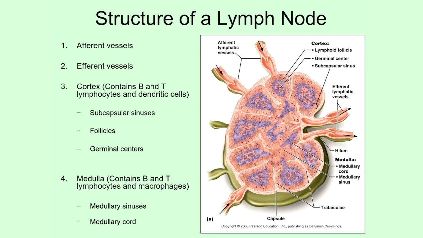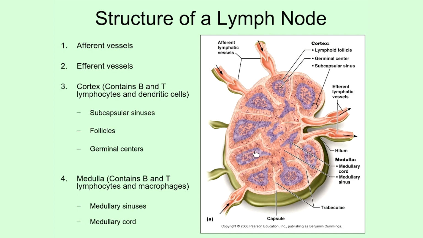There's one other thing that I want to mention as I'm talking about the structure of this to kind of help you understand how a lymph node is actually filtering. So if you look in these subcapsular sinuses and also in these medullary sinuses as well, you may notice if you look closely that we have these little black streaks, okay, that are kind of spanning.